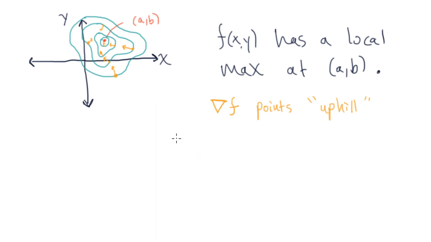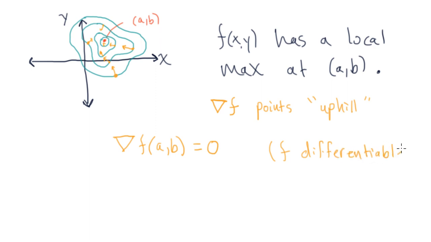Well, I'm going to stop exactly when there is no direction of greatest change. Or in other words, I know I have a local maximum if the gradient is 0. And of course I'm assuming that f is differentiable.